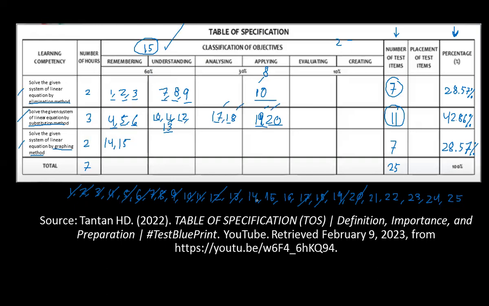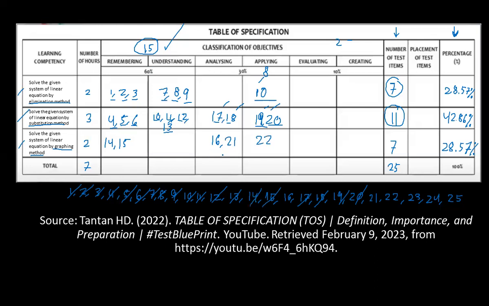Okay? So, tanggalin ko si 14, 15 kasi napili ko na siya. So dito, ilagay ko rito si 16, tapos dito si, sabihin natin dito si 21, tapos 22.